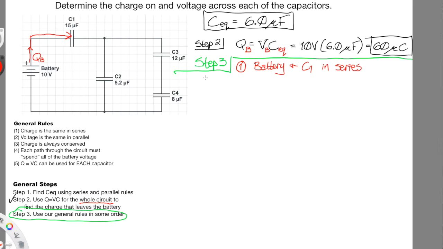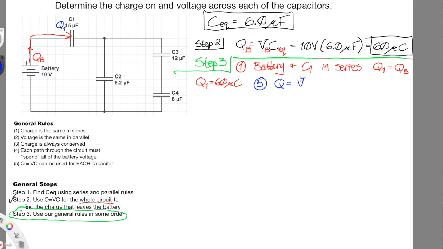So this tells us that the charge on capacitor 1 has to be equal to the charge that leaves the battery. That's that 60 microcoulombs. So Q1 is 60 microcoulombs. Now that we know both the capacitance and the charge for this first capacitor, we can use, oops, that's not 2, should be 5. Step 5, Q equals VC for a single capacitor.